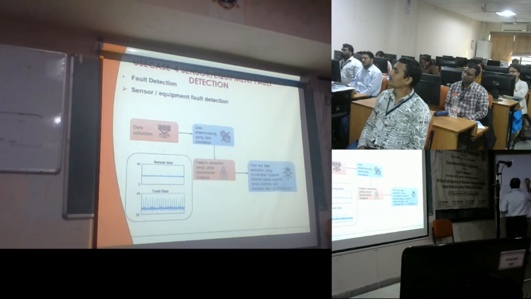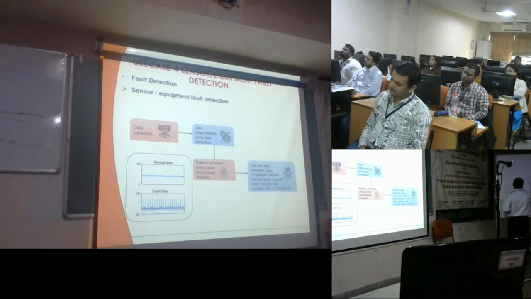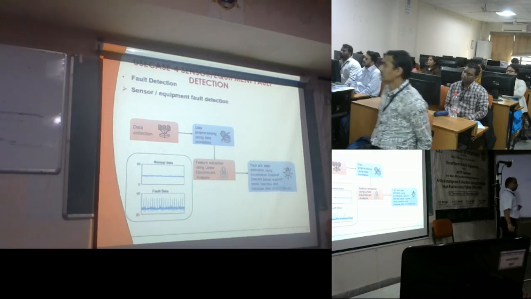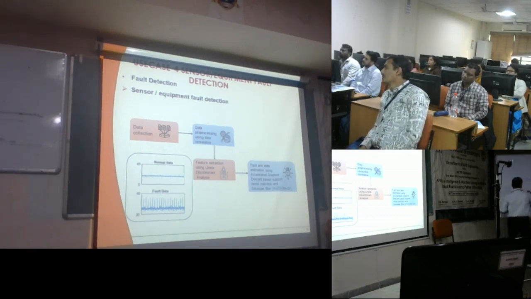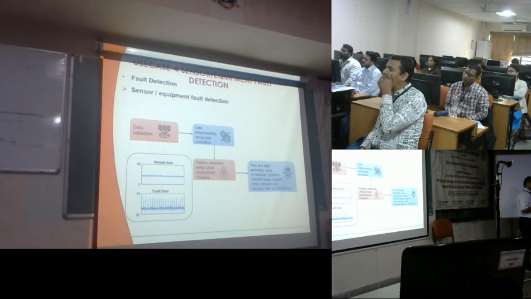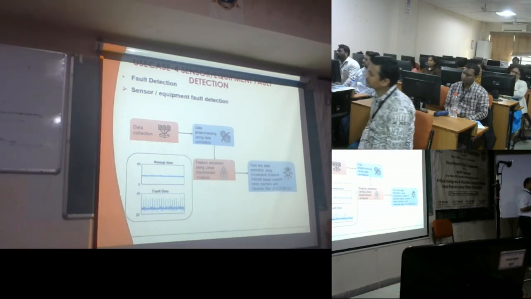Suppose I want to monitor the temperature of a particular fluid. Let us say water. Now there is a temperature sensor, and this water temperature plays a very important role because based on the temperature of the water, it is doing a safety-related activity.